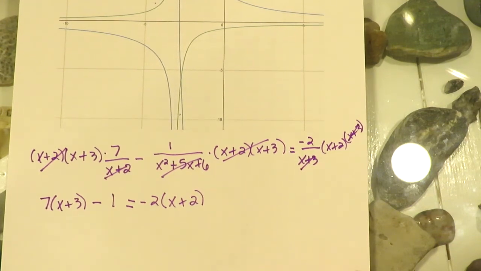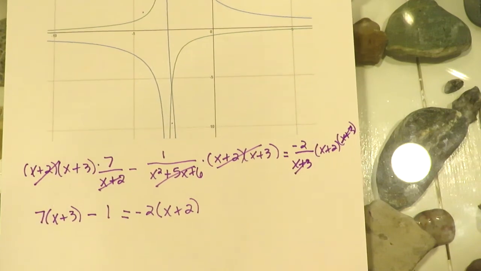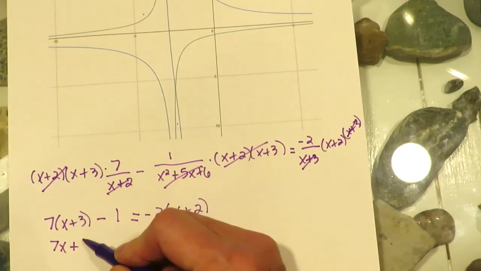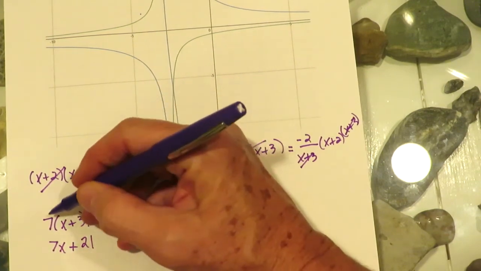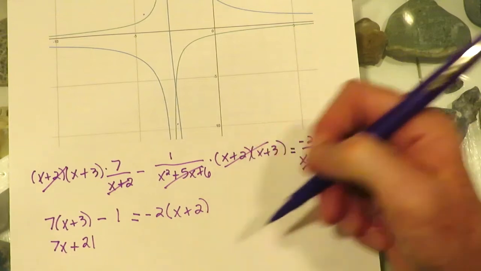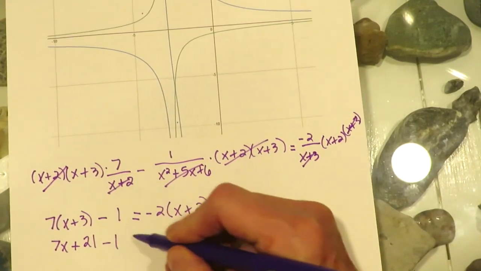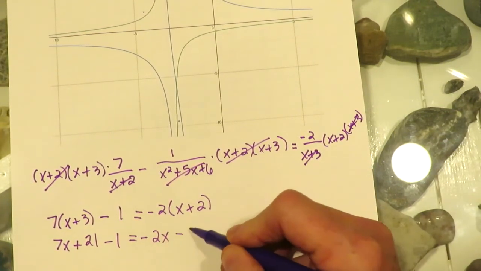In fact, we actually ended up with a linear equation, didn't we? So on this side, I can distribute the 7 through because this is a power of 1. I can only distribute over pure adding or subtracting when there's a power of 1 there. And then on this side, I will have negative 2x minus 4.